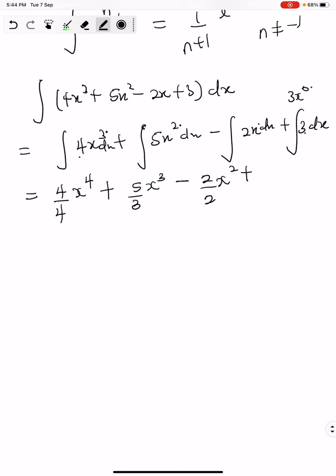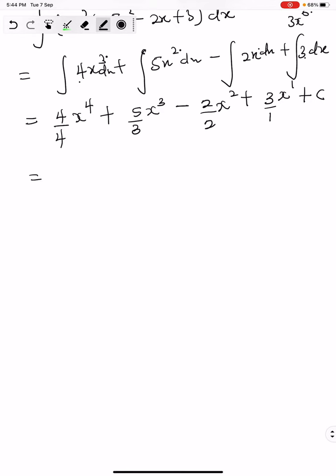If I add 1 to the power 0, I get 1. So this is 3 over 1 x to the power 1, then plus our c. If we simplify this, we have x to the power 4 plus 5 over 3 x cubed minus x squared plus 3x plus c.